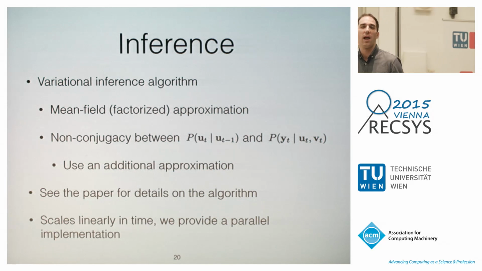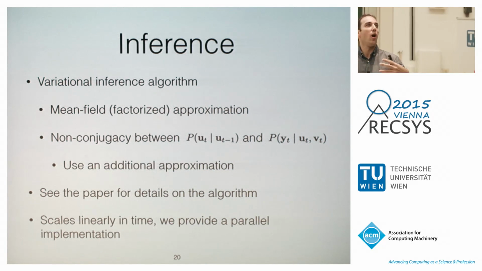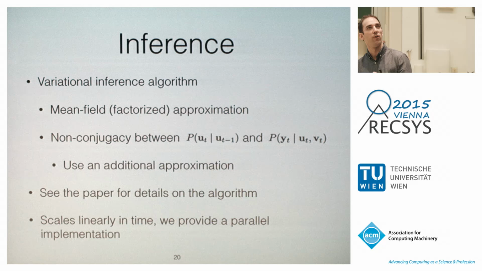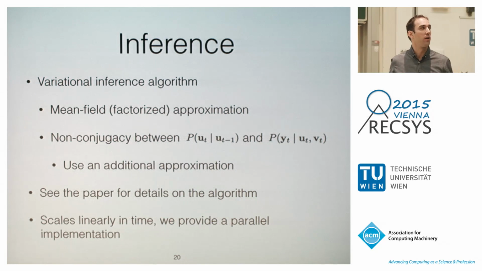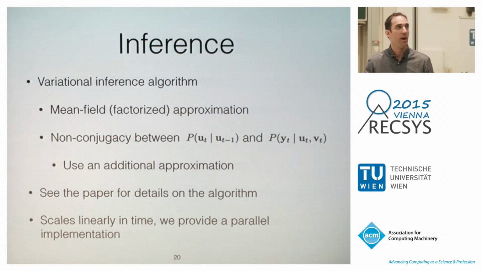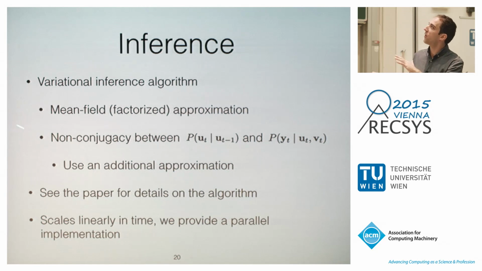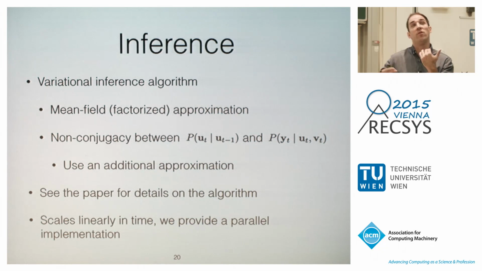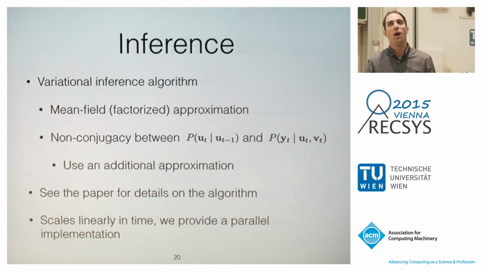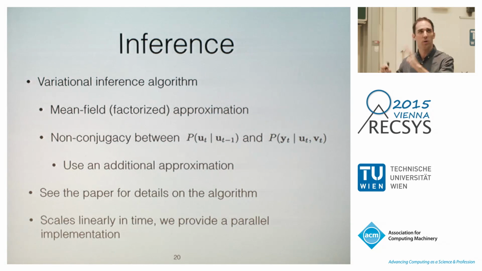Once you have a graphical model, there are tools that allow you to learn and do inference in it. I use a generic tool called variational inference, with a mean field approximation. In this particular model, there are problems of non-conjugacy, which we deal with by optimizing a looser bound. The details are in the paper. Don't worry too much, it's not too important for the rest of the talk.